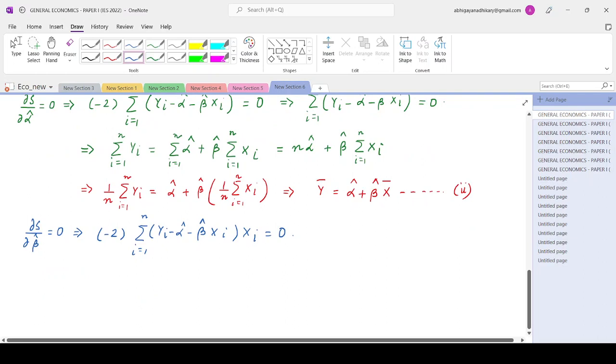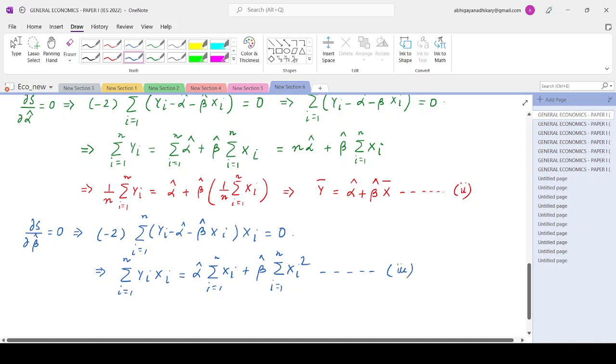So if you once again follow a similar step, this will be yi xi this time, and this is equal to alpha hat summation i running from 1 to n xi plus beta hat summation i running from 1 to n xi square. Now over here I don't need to divide by n because we don't have 1. So this is equation number 2.